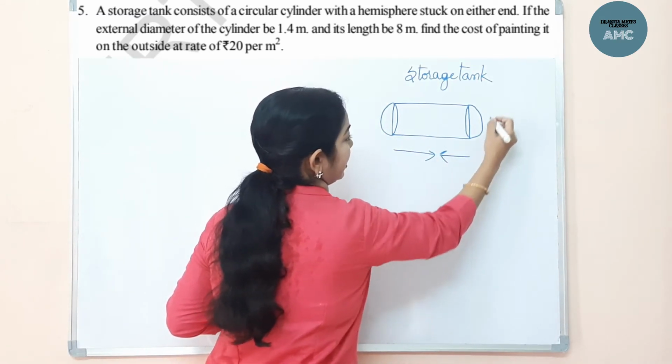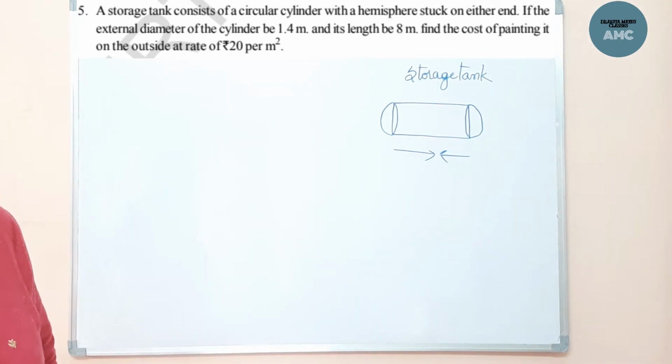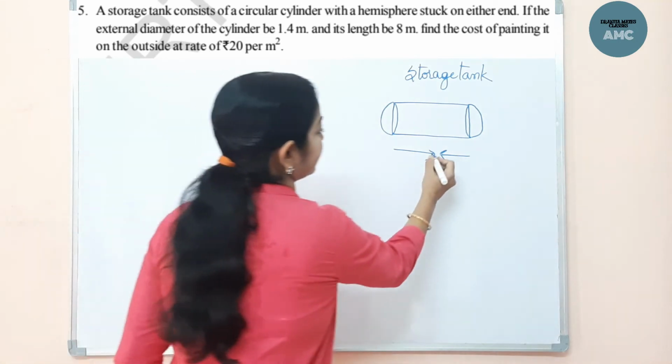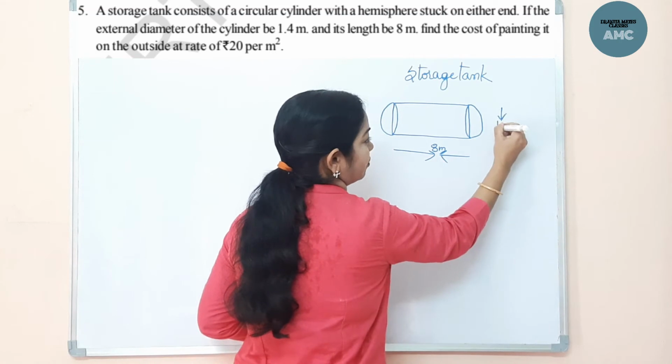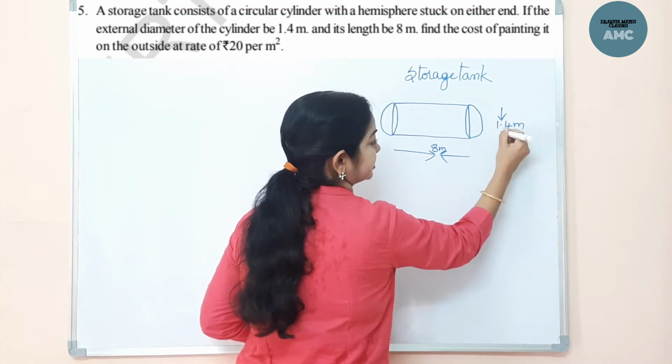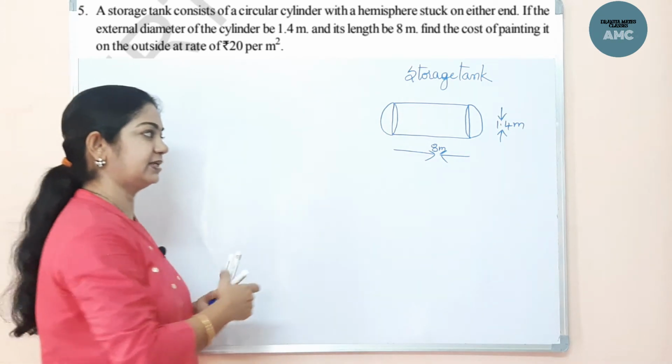The diameter is given as 1.4 meters and the length is given as 8 meters. Okay. Same as the capsule problem where we had millimeters, but here it is meters.